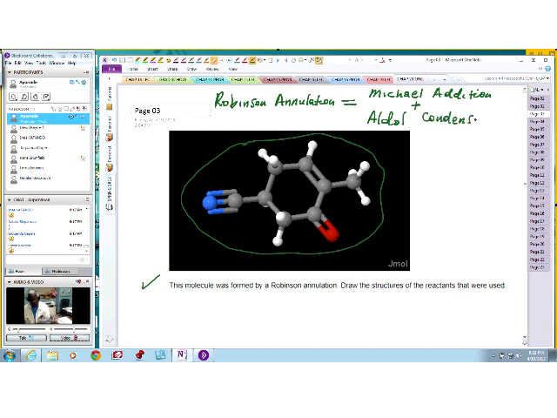Keep that in mind. Actually, more specifically, it will be intramolecular Aldol condensation. It's a combination of Michael addition reaction and intramolecular Aldol condensation.